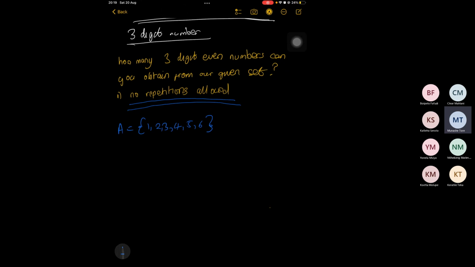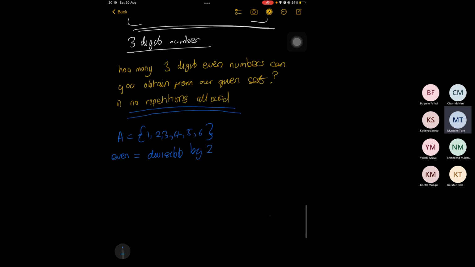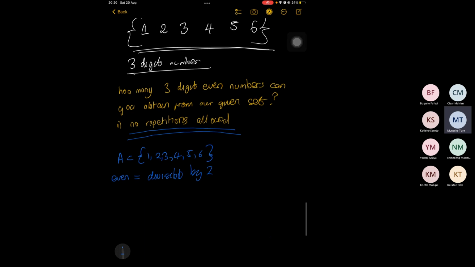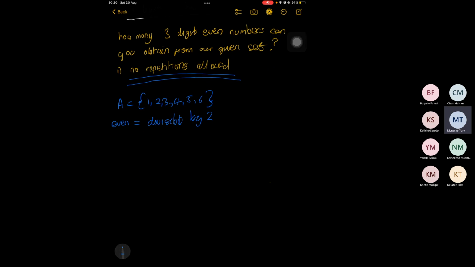So how do you define an even number? An even number is any number that is divisible by what? By 2, isn't it? For any number, be it a 3-digit, a 10-digit, or a million-digit number, for that number to be divisible by 2, it means that the last digit should be even.